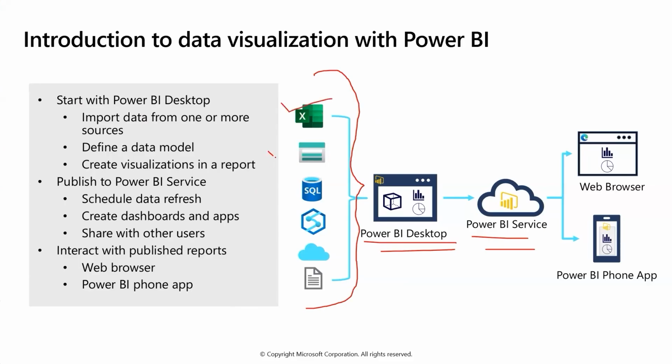It's coming from Excel, it's coming from my data lake, it's coming from SQL, it's coming from Synapse Analytics, cloud. It could be just a file on your desktop. Whatever is the scenario, I'm getting multiple data. And in my Power BI desktop, I'm going to go ahead and clean and transform that data. And once I end up with clean and transformed data, I'm going to create reports over here.